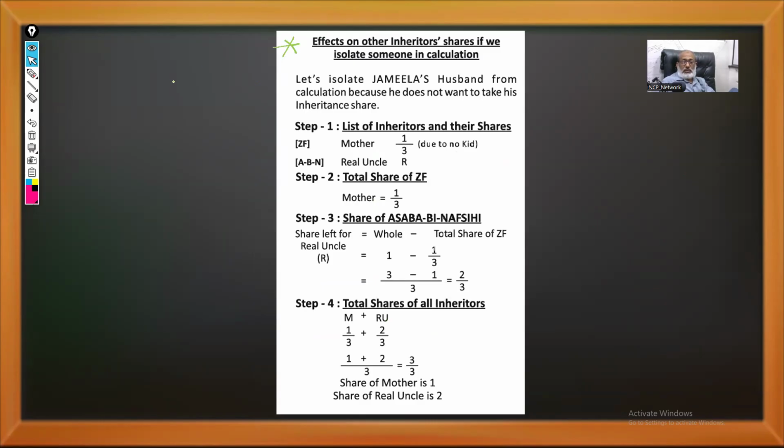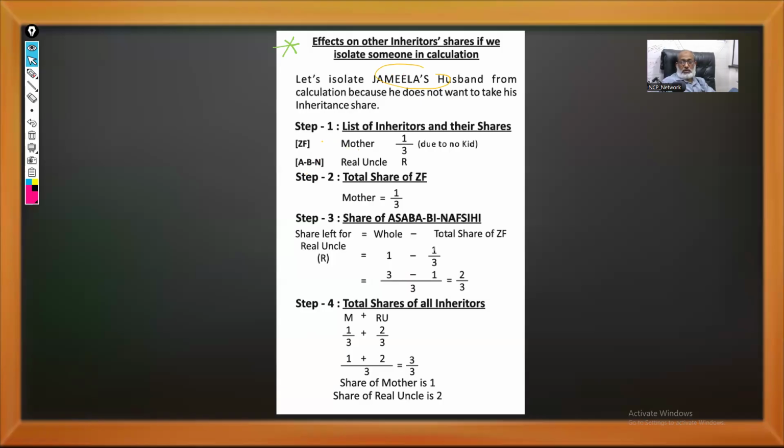If someone wants to leave his or her inheritance and we isolate that person from the beginning, then what will happen? Let's say we isolate Jamila's husband from the beginning, thinking he doesn't want to take the share, so we do not include him in the calculation. Let's see the result.